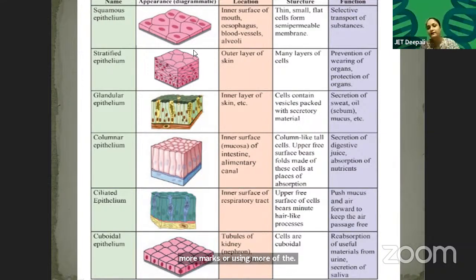Ma'am, supplementary. Why? Because they are utilizing the space. They are not doing khichdi writing. They are not doing paragraph writing. They are making bullet points. They are leaving a line. They are making it more clear. They are drawing the diagram on a single page and labeling it properly. So this kind of writing should be there.